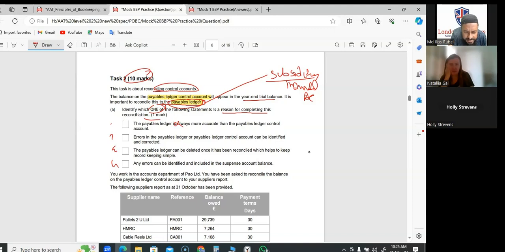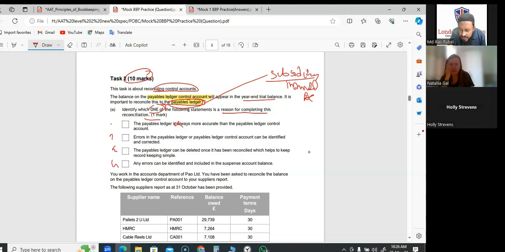Then they said errors in a payables ledger or payables ledger control account can be identified and corrected. Very good answer. If you make any mistake in your individual account or your control account, when you do the reconciliation, it will not match. It will give a discrepancy. So this is the best answer. But let's read the other 2.